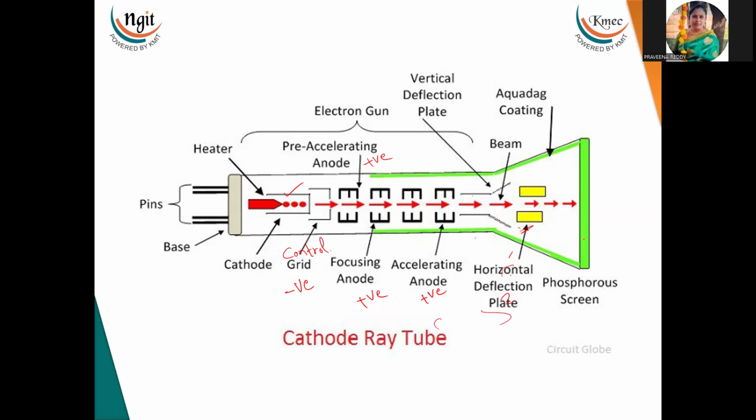The screen is coated with phosphorus. This screen is a phosphorus screen. So when the electron beam hits the screen, the light will illuminate on the screen and the beam will be displayed. By controlling the negative voltage on the control grid, we can control the intensity of the beam, and by controlling the voltage on the focusing anode, we can control the focus of the electron beam. Now this is about the CRT, cathode ray tube.